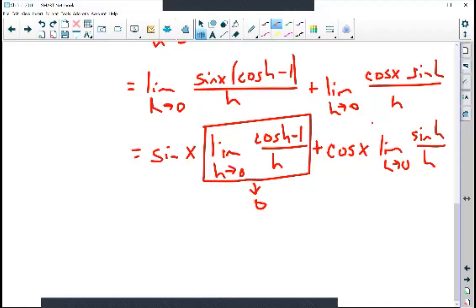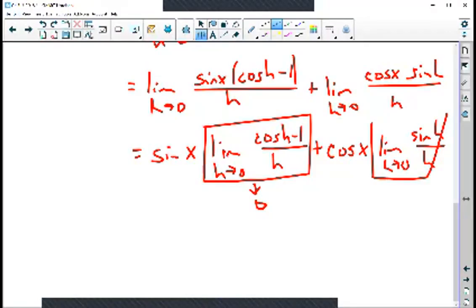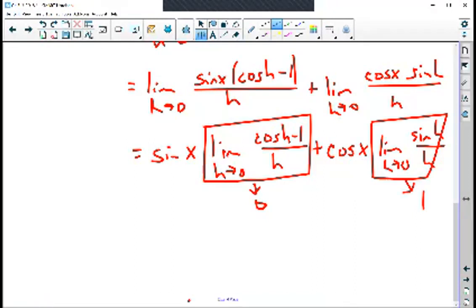So this part goes to 1, which, if we think back to what we thought we would get when we took our derivative, should make sense, right? Because this is going to be 0.